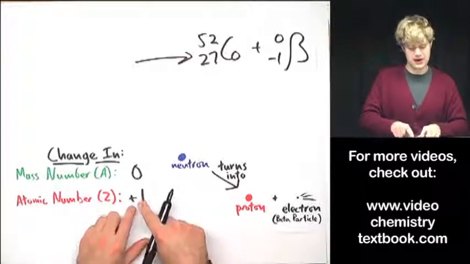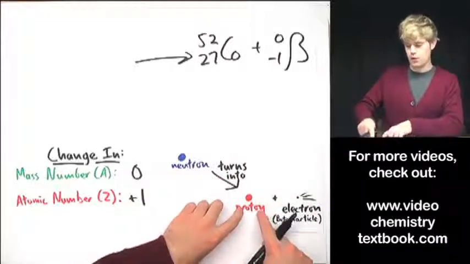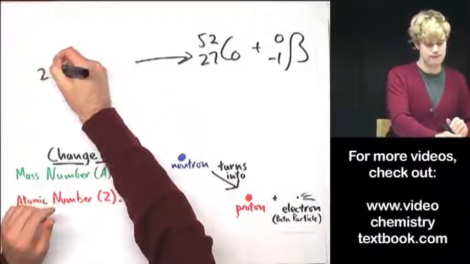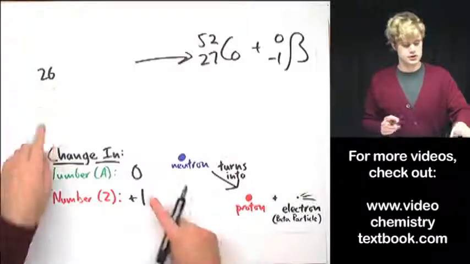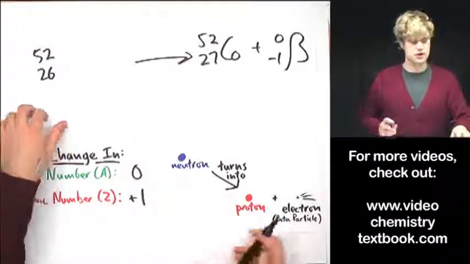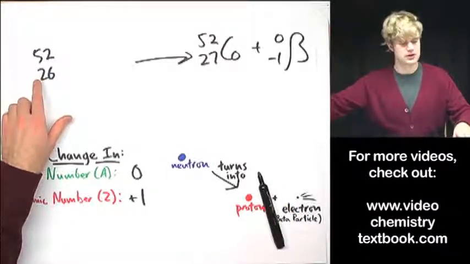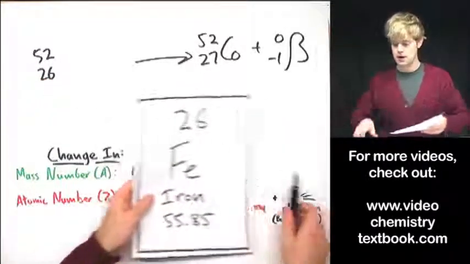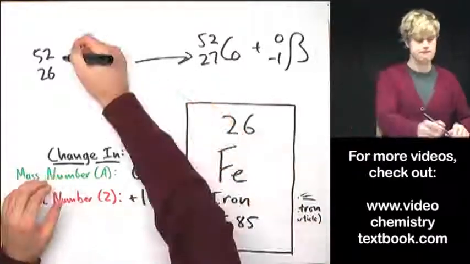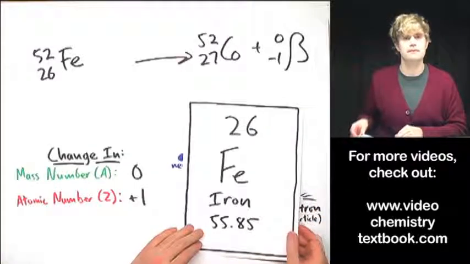Because during beta decay it increases by 1. So it was 1 lower when that proton was still a neutron. So 26 protons we started out with, but the mass number doesn't change. So we have 52 up here. What is the element that has an atomic number of 26? Turns out that it's iron, Fe. So that's what I started with here.